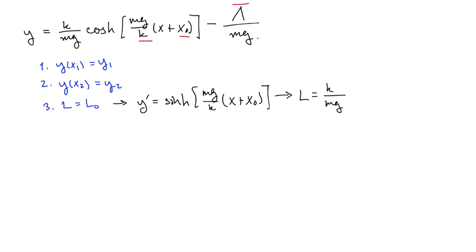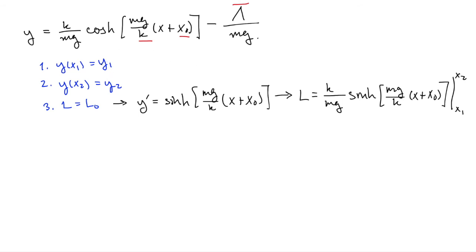You can just take this and plug it into the expression for L and integrate sinh, hyperbolic sine of mg over k, x plus x naught, evaluated from x1 to x2. Okay, so this gives us one condition, and it's going to give us a condition on k and x naught.